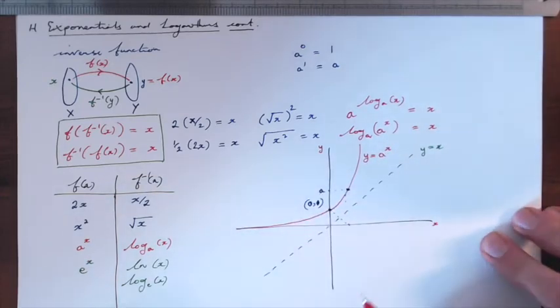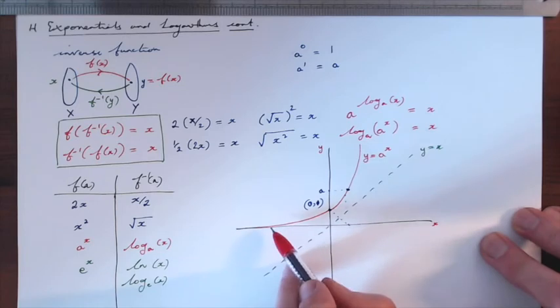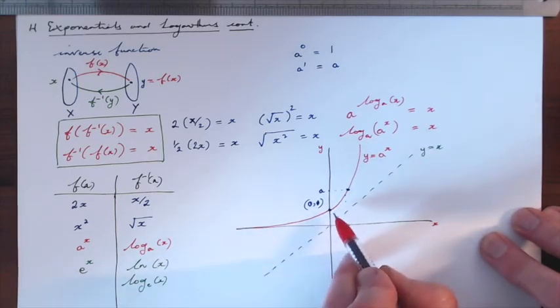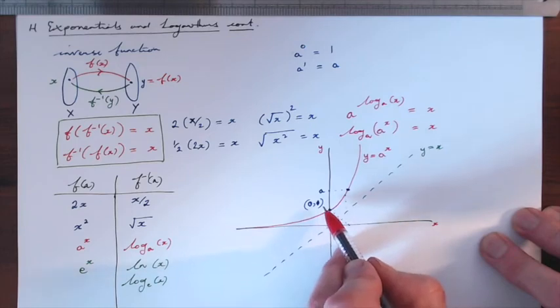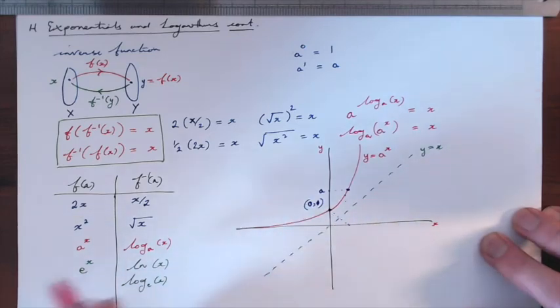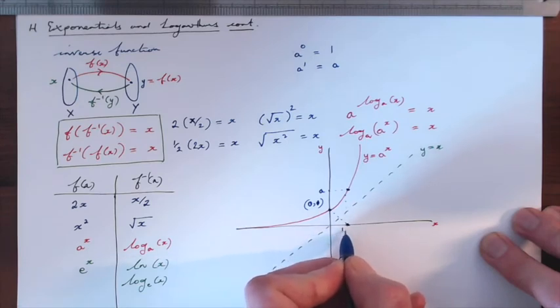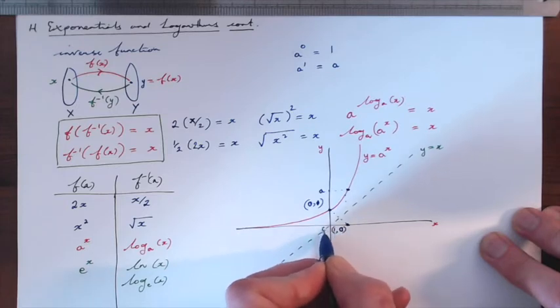Now the inverse is the reflection of this line about the diagonal. So reflecting these points here, this point 0, 1 gets reflected to here, which would be the point 1, 0. I'm just going to try and leave a little bit of room for the actual function there. There's the origin.